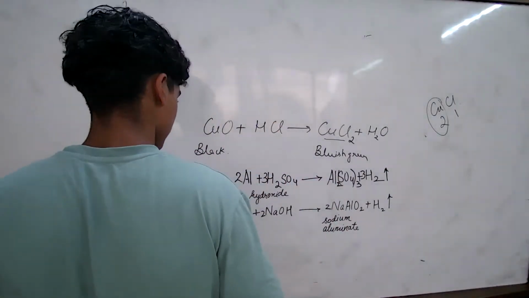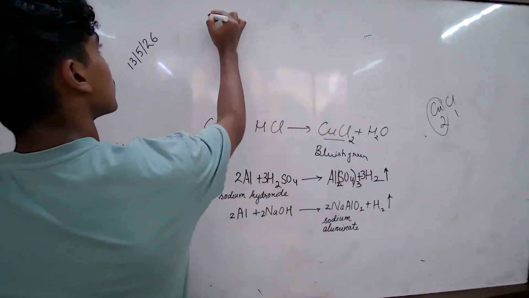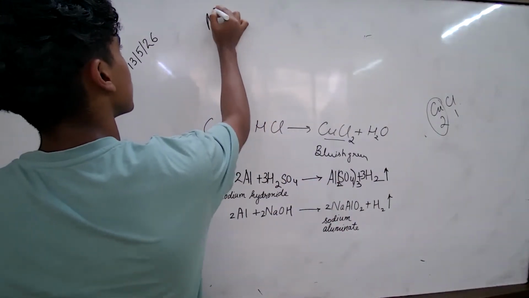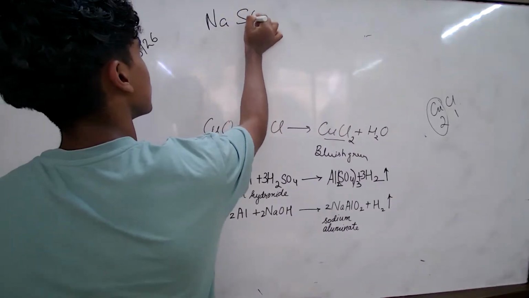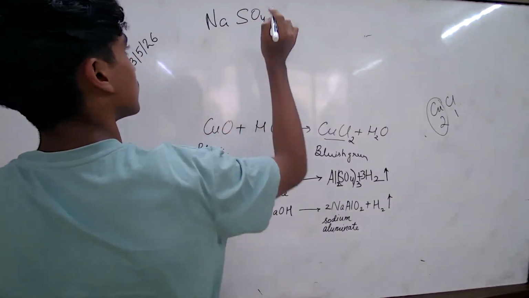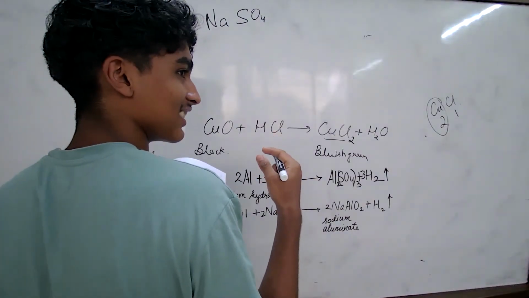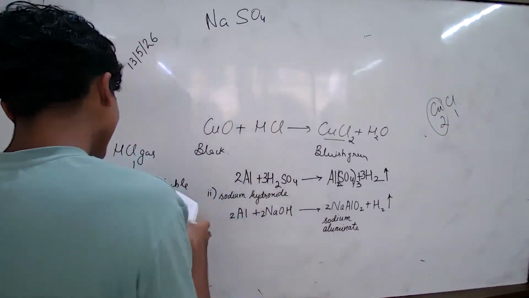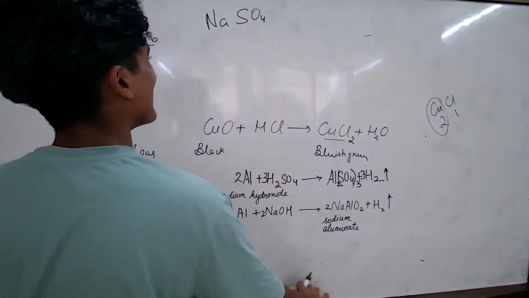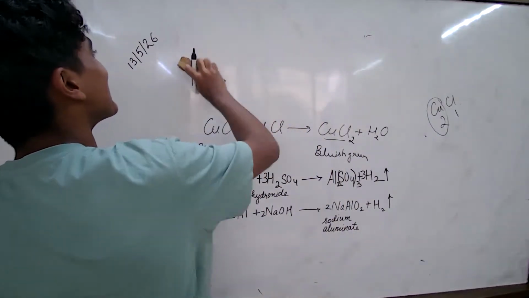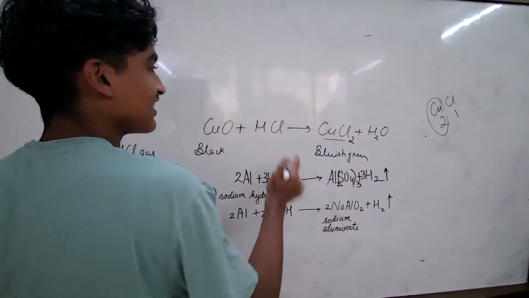Sulfuric acid with sodium hydroxide. Sulfuric acid. This is what I have thought. Sulfuric acid is H2SO4.